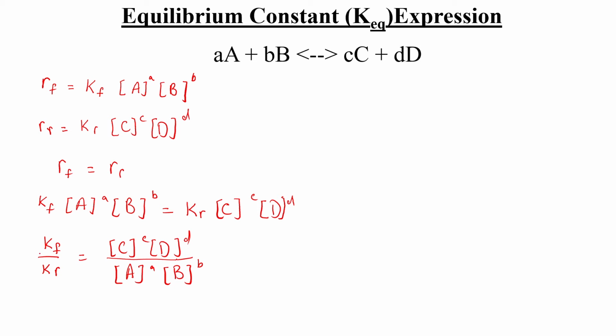This ratio of the rate constants that we have, Kf over Kr, actually gives us a new constant, and that new constant is called the equilibrium constant, or Keq.